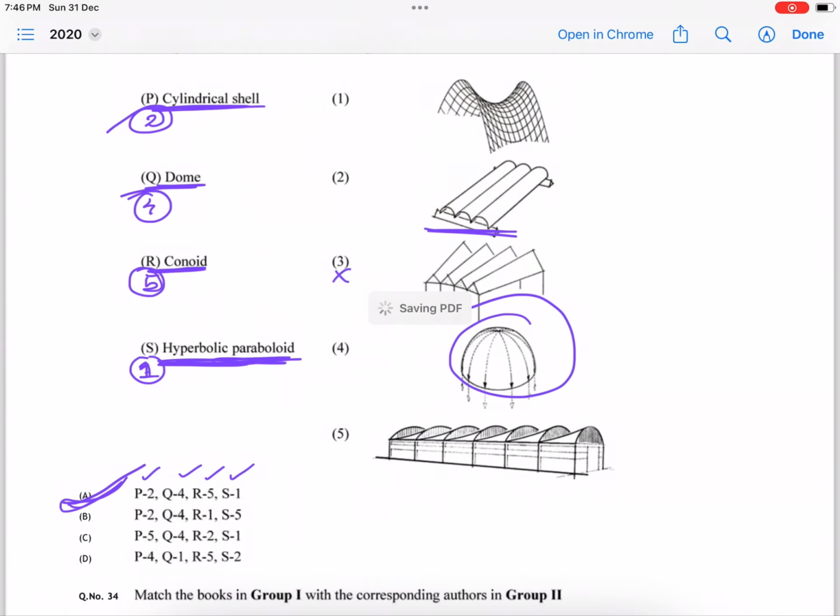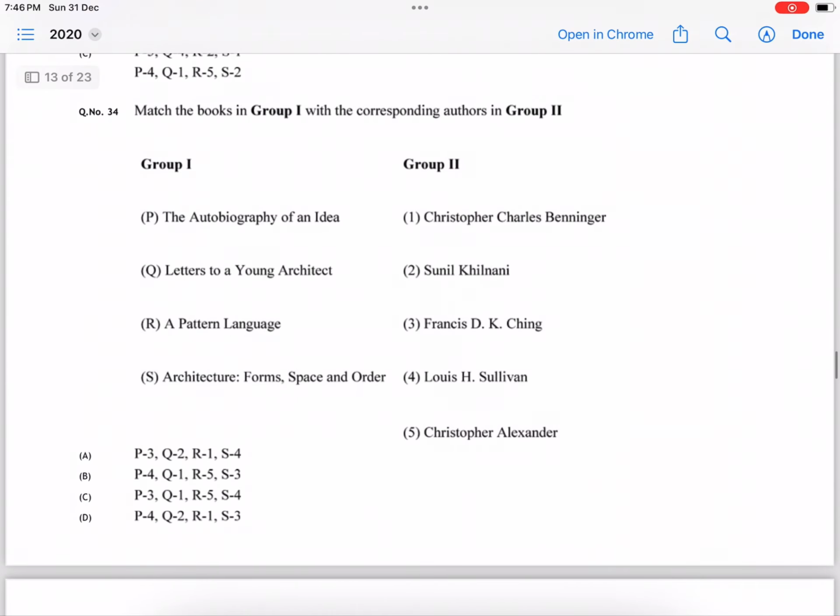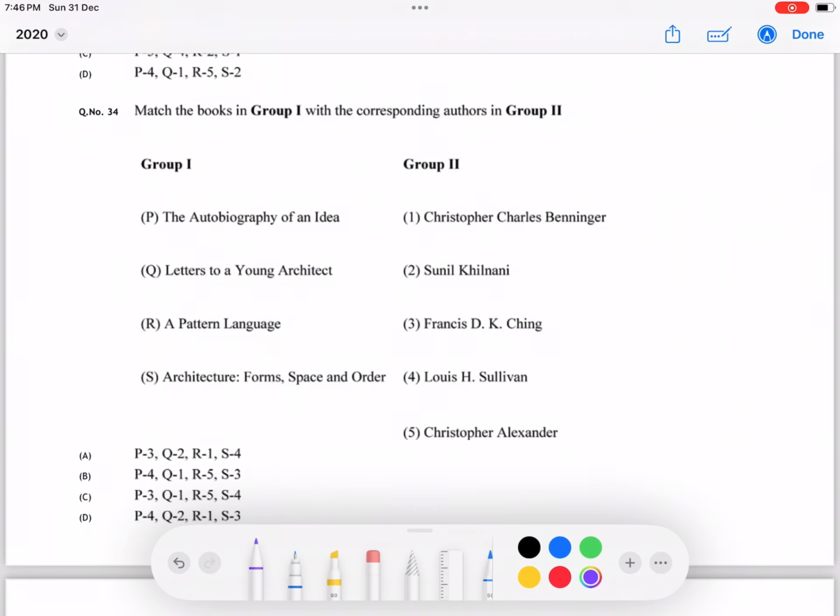Moving on to the next question. Match the book. Question number 34. Match the book in group 1 with the corresponding author in group 2. First book is Autobiography of an Idea, given by Louis H. Sullivan.